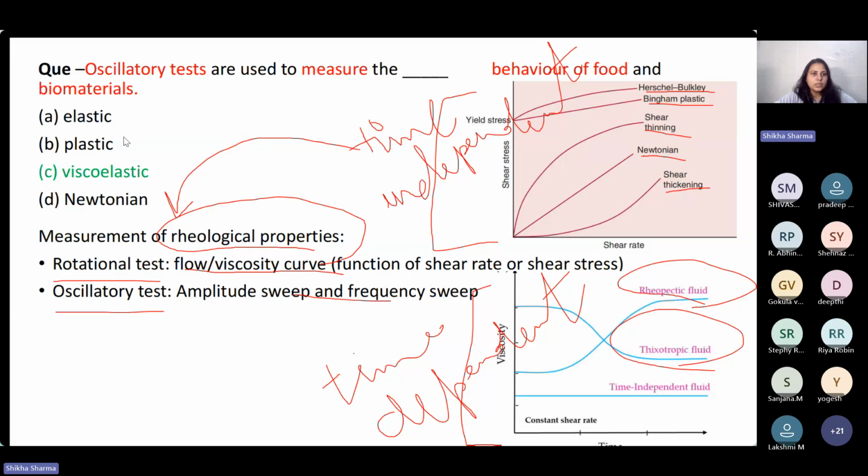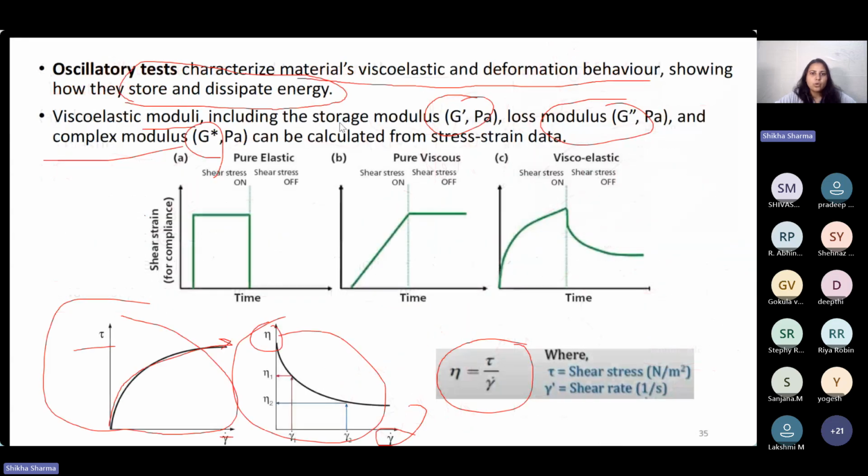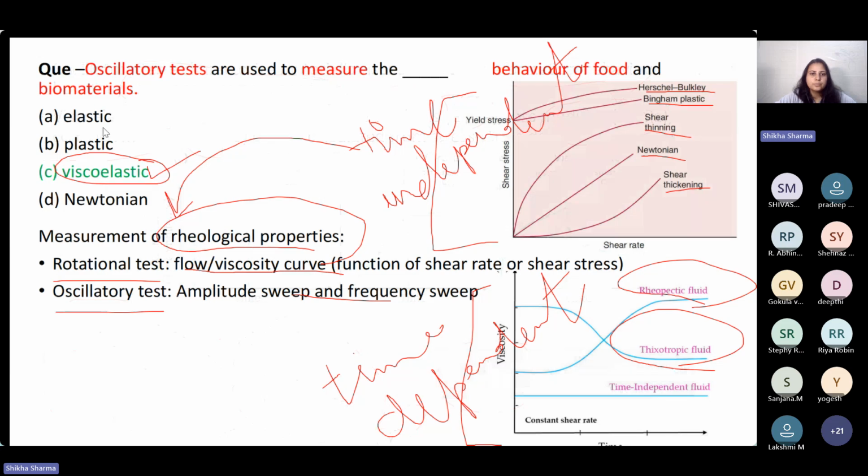The oscillatory test is used to measure the viscoelastic nature of the food product, where it measures both the viscous component and the elastic component, which means it measures the G prime and G double prime of a material. If we talk about the elastic, plastic nature and the Newtonian, Newtonian is this one.